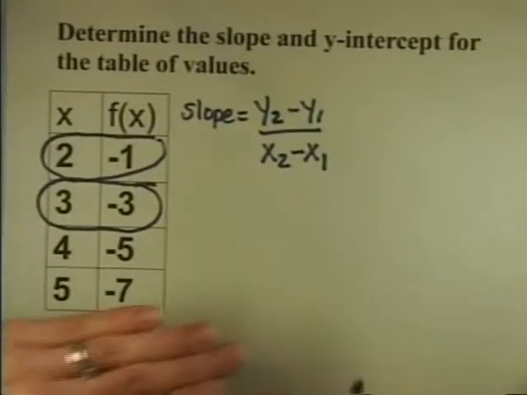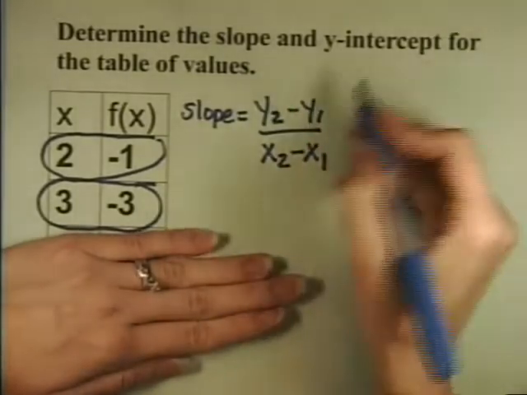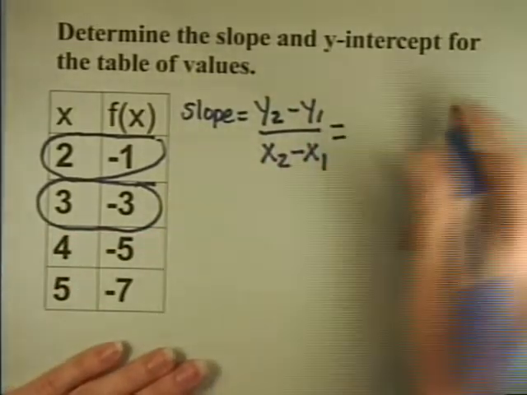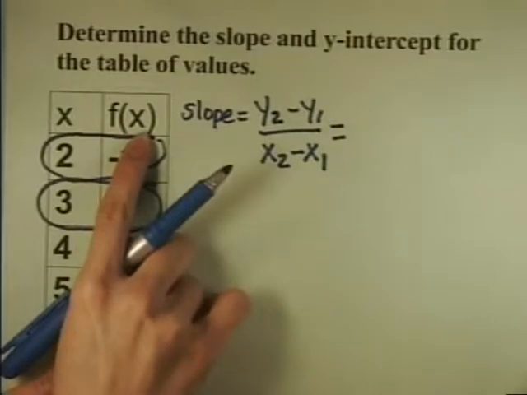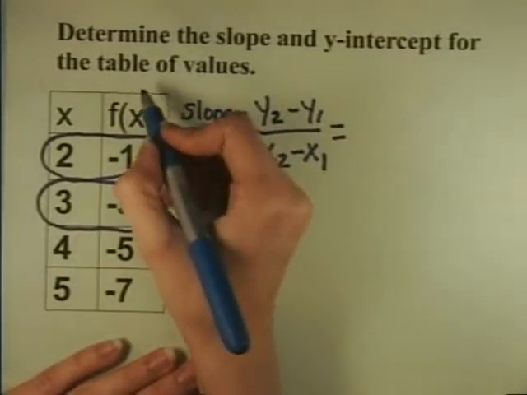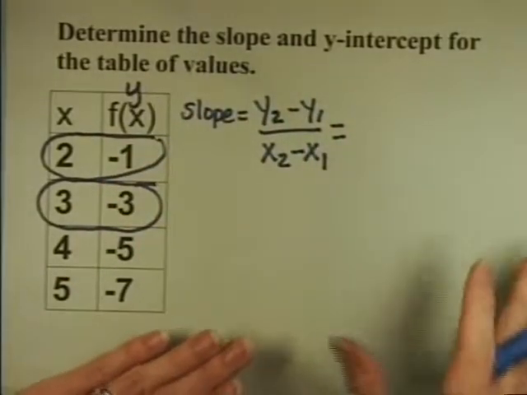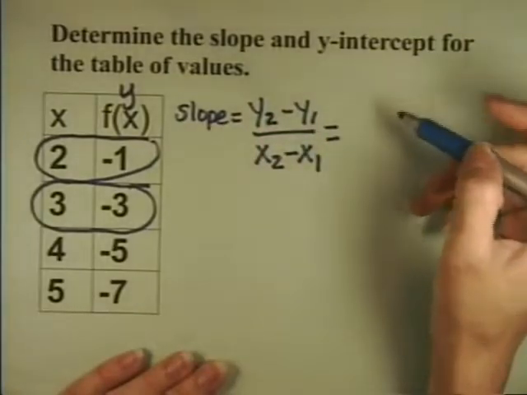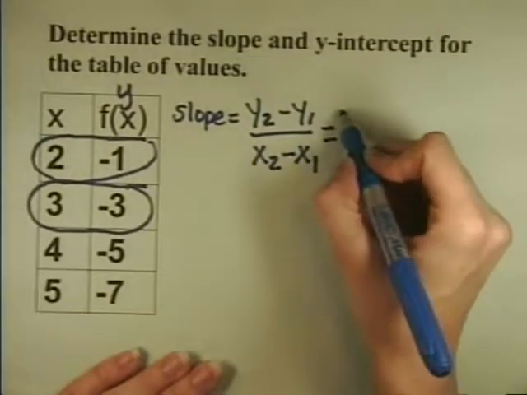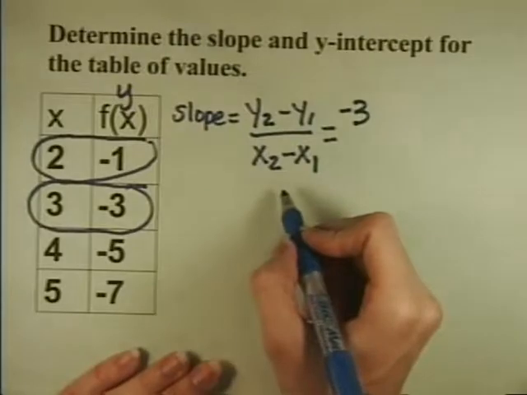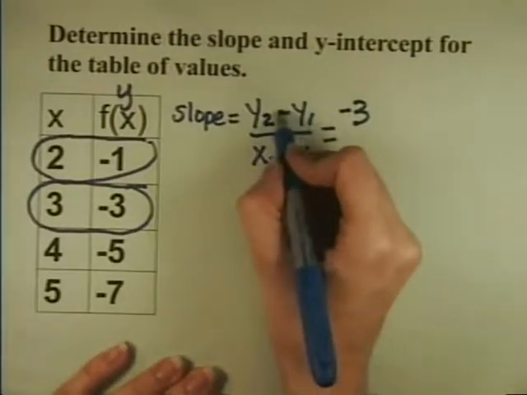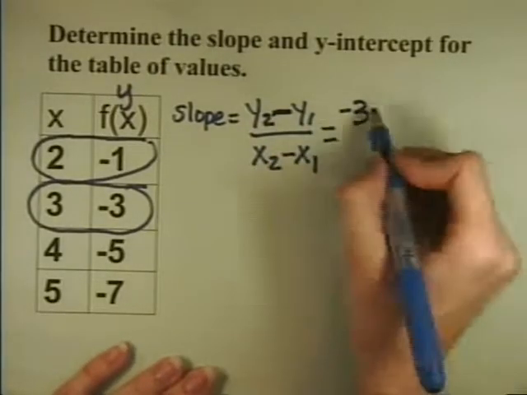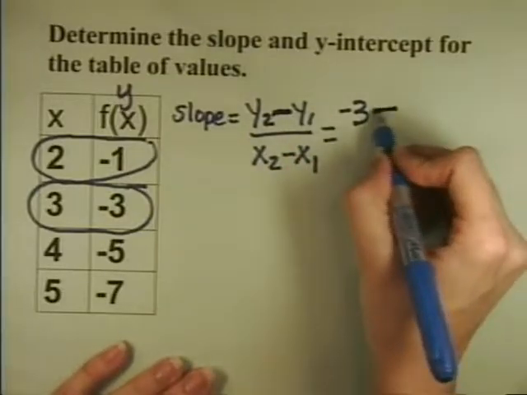So here we go. Don't worry about this anymore, guys. So this equals, what's the second y? Remember, f of x is the same thing as what, guys? Y. Okay, I think I'm at school teaching. So what's the second y that you chose? Negative 3. Okay, I'm going to go a step at a time. So I'm going to get the minus from the formula.